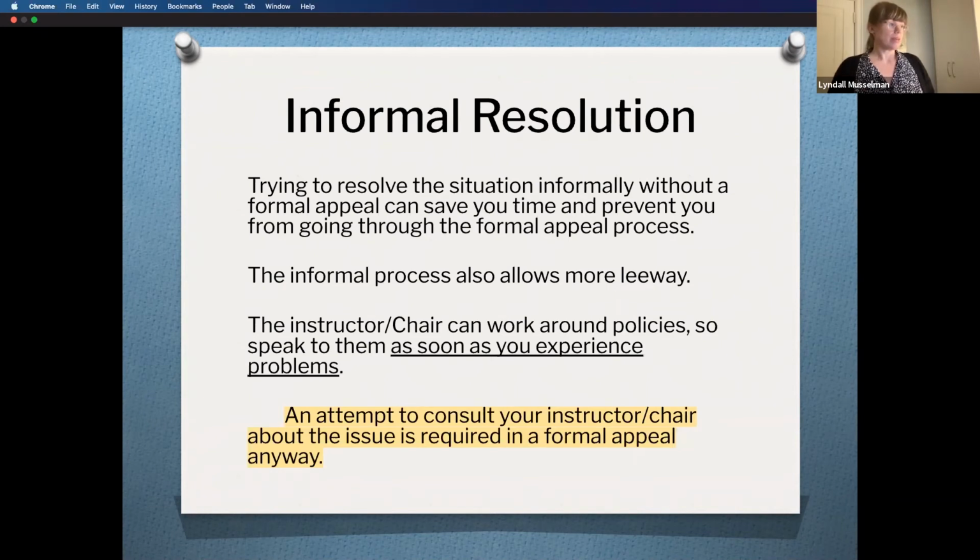So it's always good to be timely in trying to informally resolve the issue you experience. And it is required. It's the second text box that you need to explain in your appeal submission, in your statement or letter, as we will talk more about.